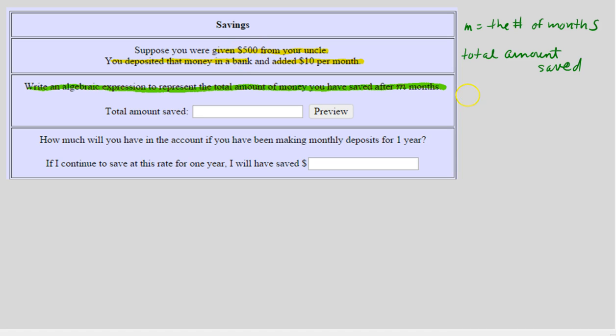Okay, so now let's look for our fixed amounts and our variable amounts. Well, we know that you got $500 from your uncle, and I'm going to say that this is fixed, meaning he gave you $500 once. As far as we know, he's not going to give you $500 again. But notice the money you're adding into the bank is $10 per month. And notice that word per again.